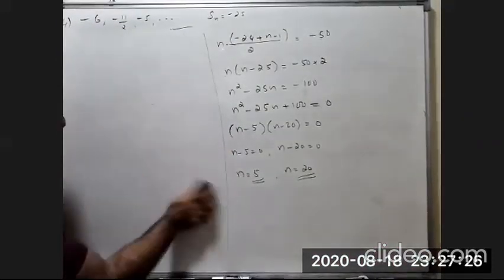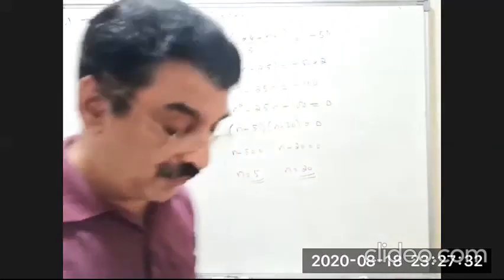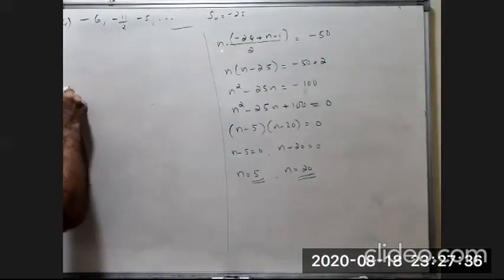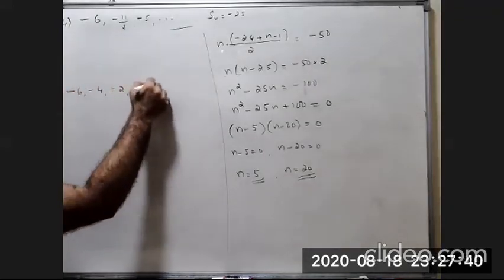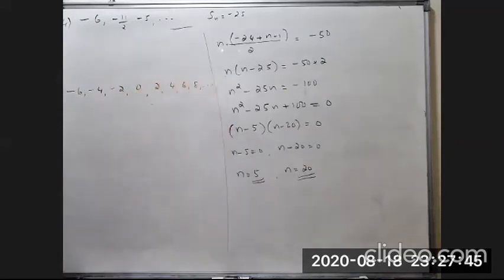In an AP, if we have negative terms and positive terms, this happens. For example, I'm writing an AP: minus 6, minus 4, minus 2, 0, 2, 4, 6, 8.